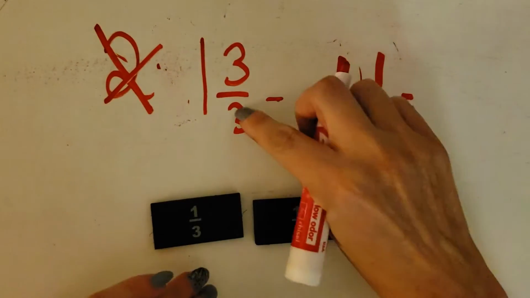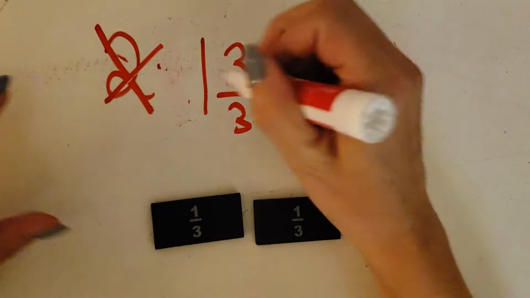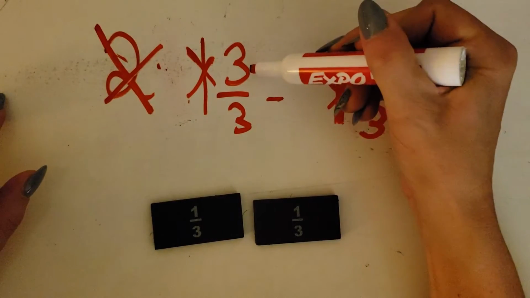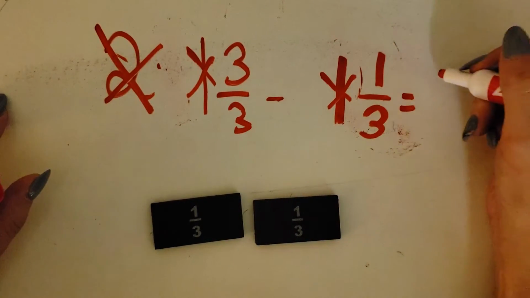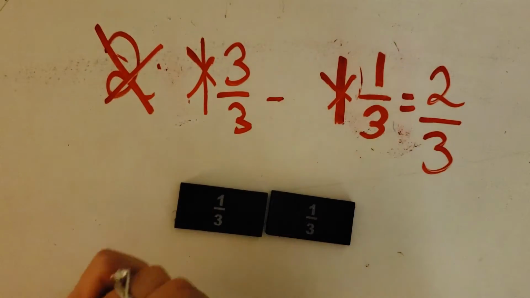And the way you would do that with the standard algorithm is you take away the 1 whole, 1 minus 1 is 0, 3/3 minus 1/3 is 2/3. And that is what we got here.